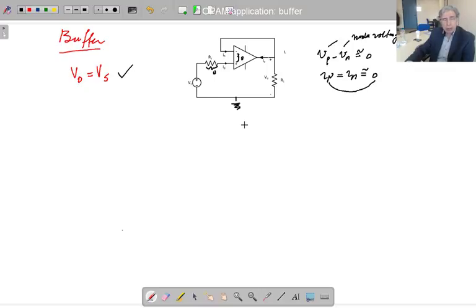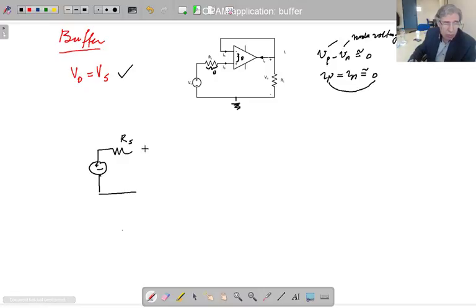The next question: what is the difference between making these voltages equal by a short circuit and by this operational amplifier? If you consider this circuit as represented by this equivalent circuit, this is going to be the Thevenin equivalent circuit that we have seen already, isn't it?